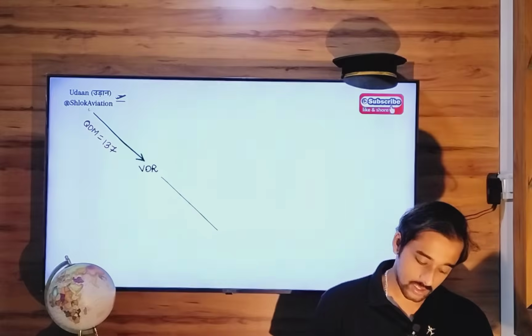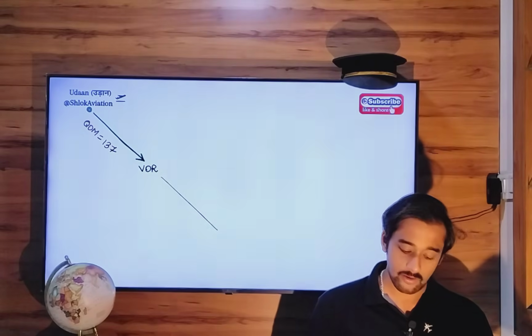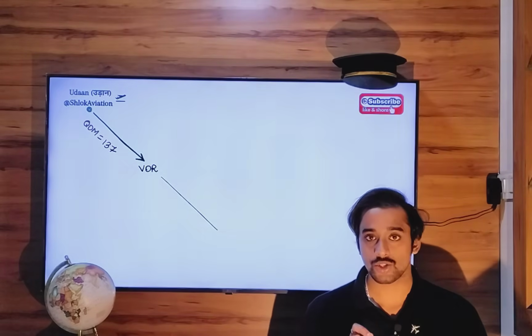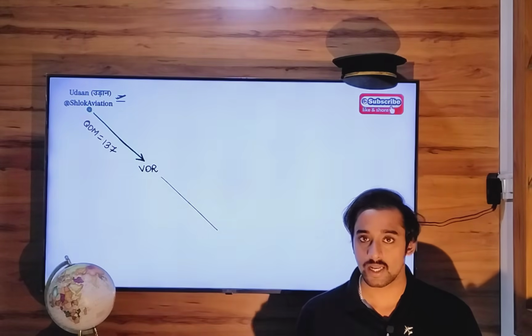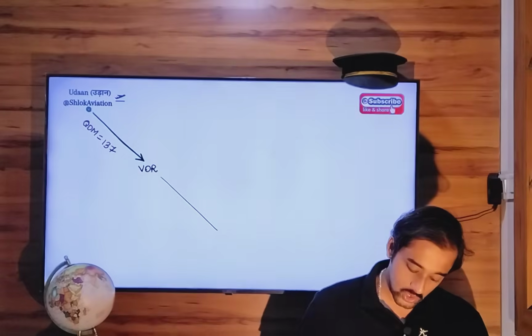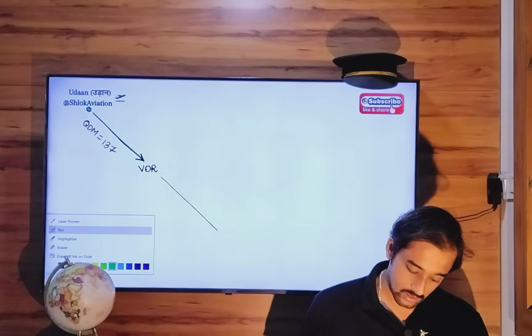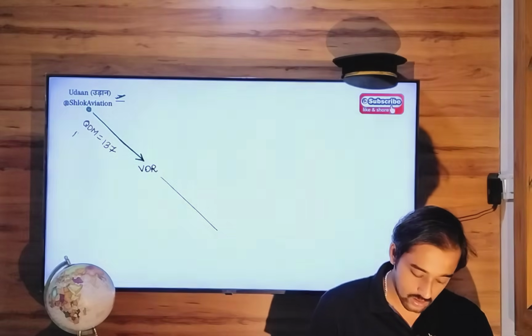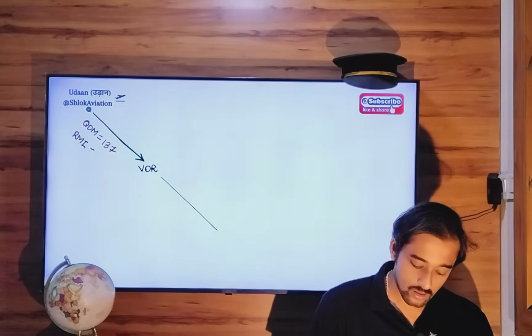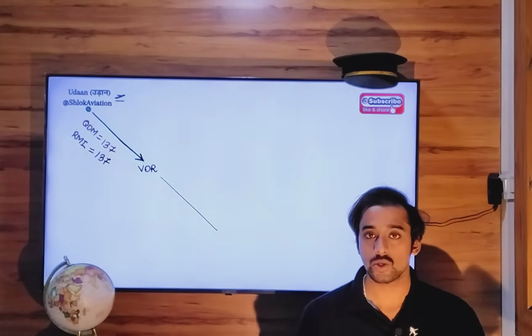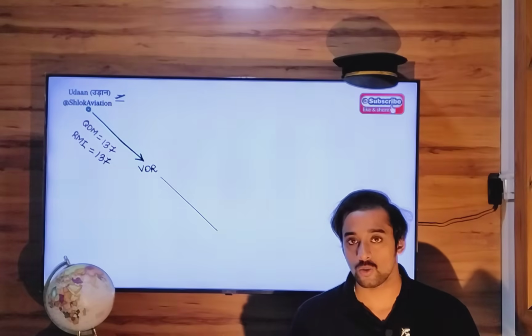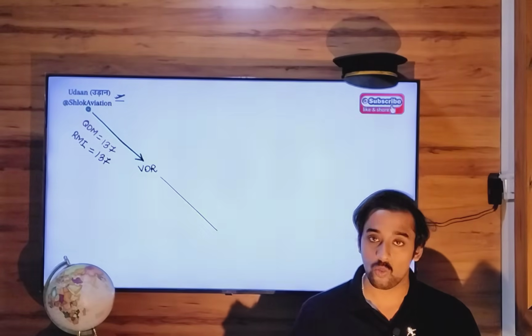Let's say from this location. Now, if your aircraft is able to fly this track towards the VOR station without drifting or getting deviated from the center line of this track, RMI will also be equal to 137. But now here the RMI, radio magnetic indicator, which always gives a direction to fly towards the station, is 141.